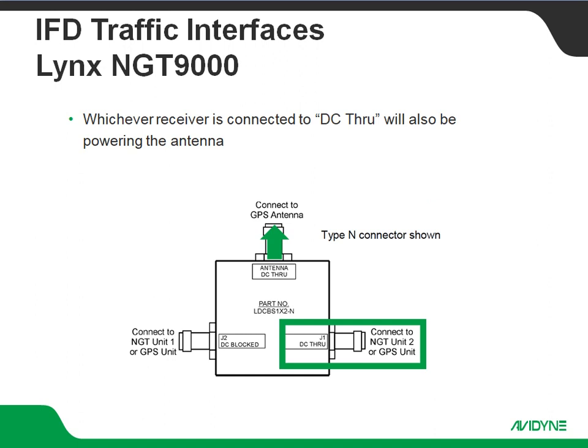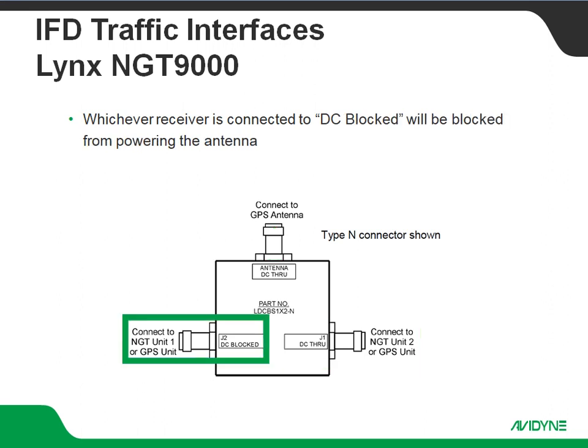Whichever receiver is connected to the DC through on this splitter is the one that's actually powering the antenna. The other receiver is going to be on the DC blocked side, so it's just going to be a passive listener on that GPS.